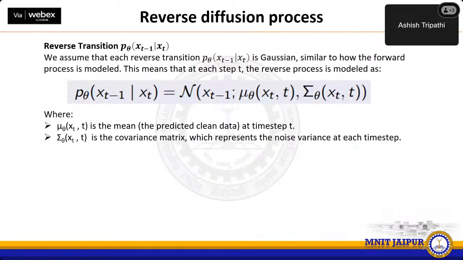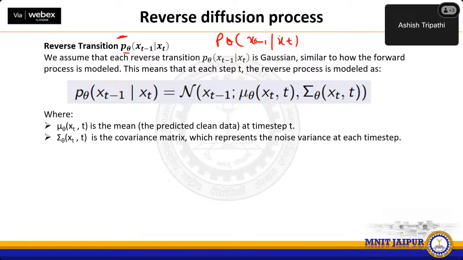So this is the reverse process, and this is the equation of the reverse process. We need to train a model such that p of theta is equivalent to x of t minus 1 given x of t.